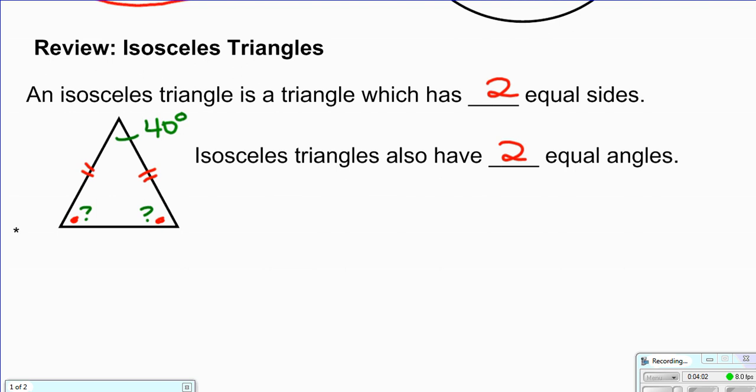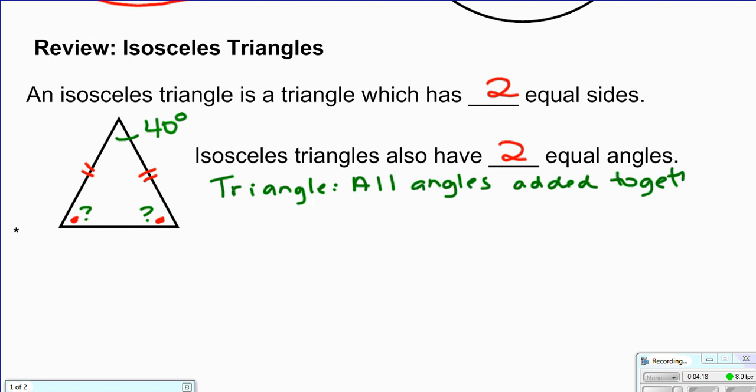And so another thing we need to remember is that when all the angles of a triangle are added together, they have a sum of 180 degrees.